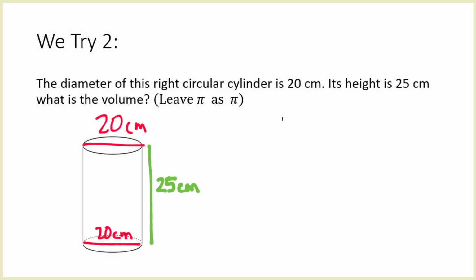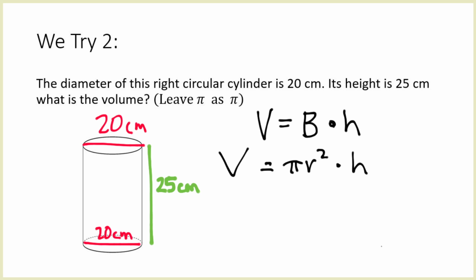So how do I find the volume? Well, the volume of any of these is the area of the base times the height. The area of a base, in this case, is a circle. So I'm going to have pi times the radius squared times the height, which will give me the volume of this shape.